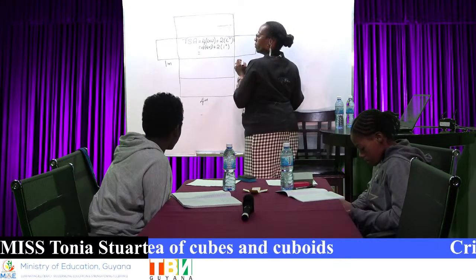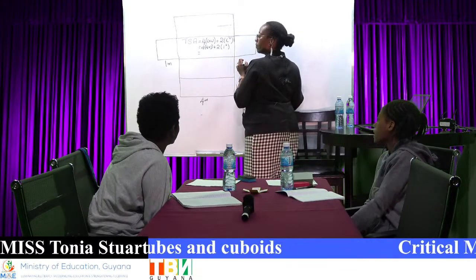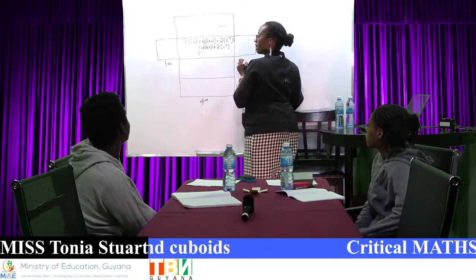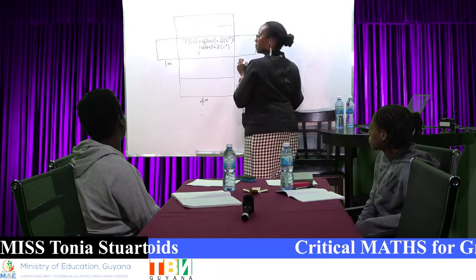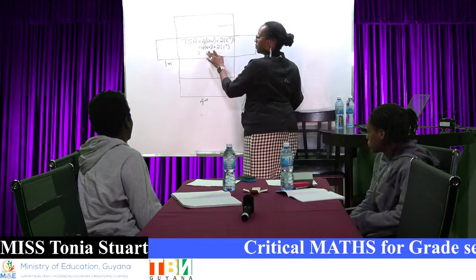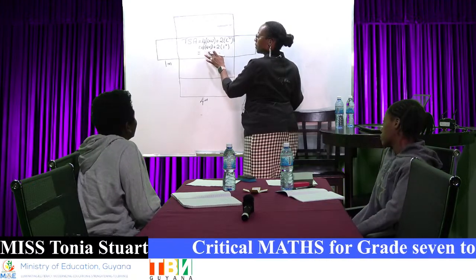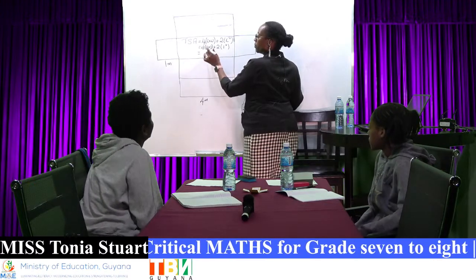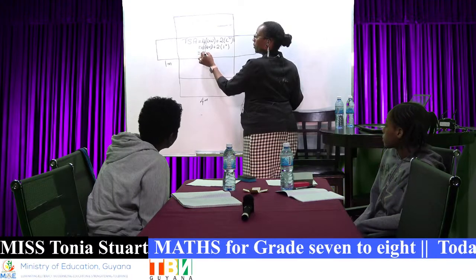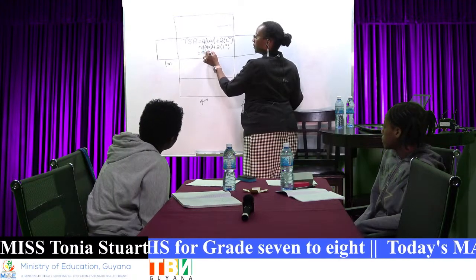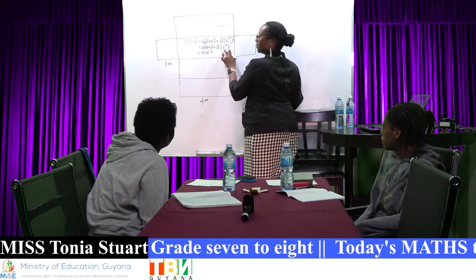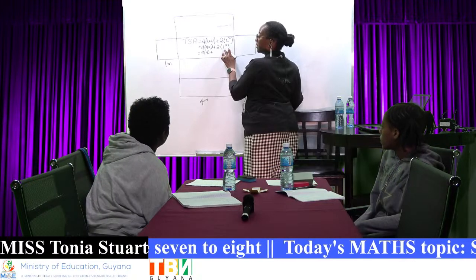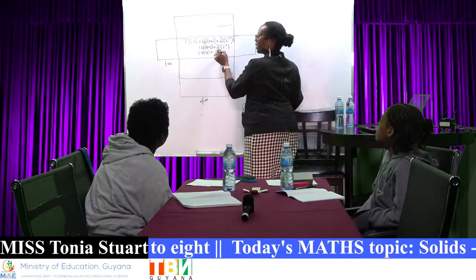So what do we do now? You should do the formula for the rectangle first. So what would you get in the bracket? 4 plus 1 in the bracket.